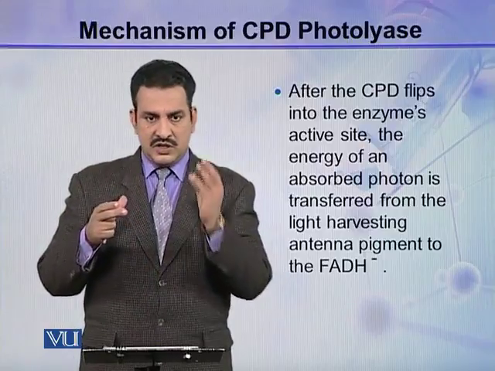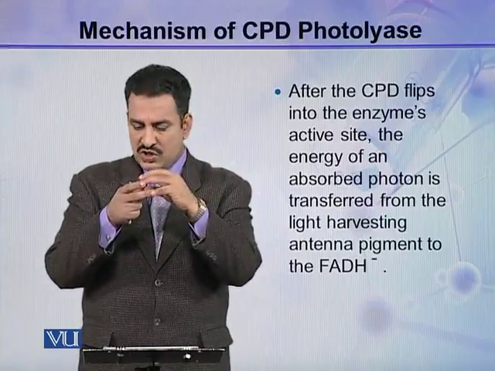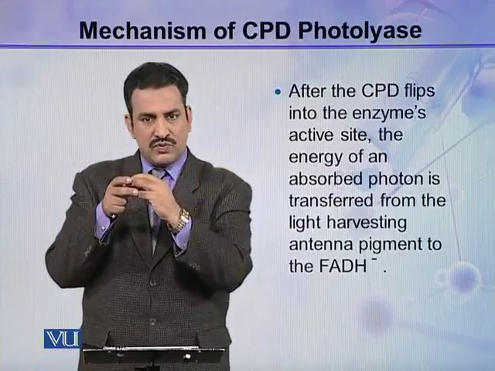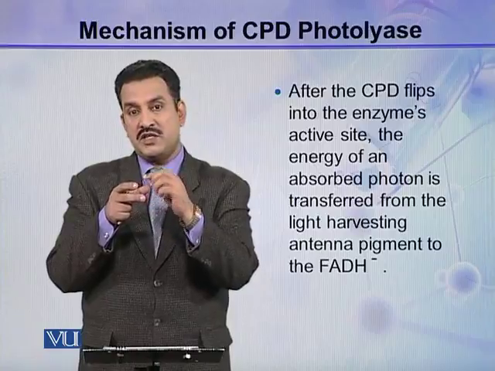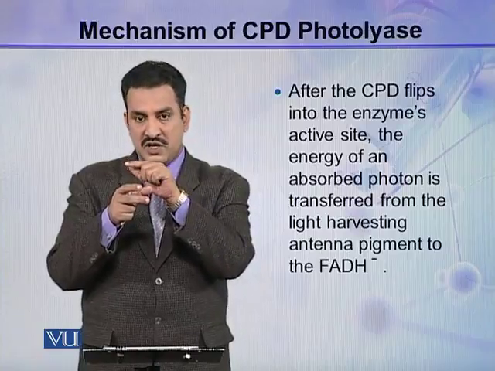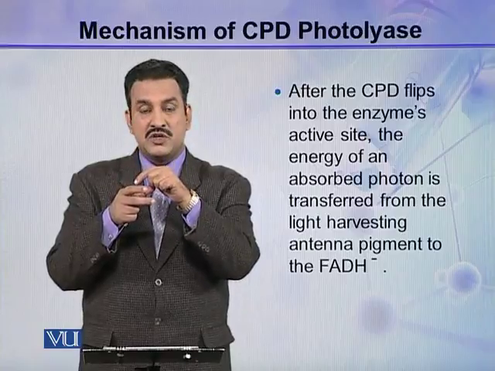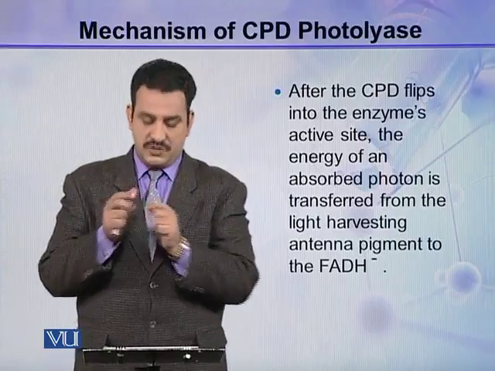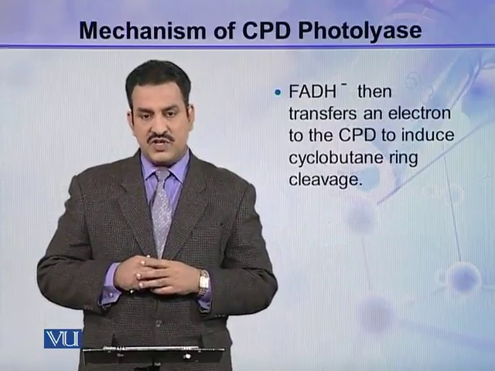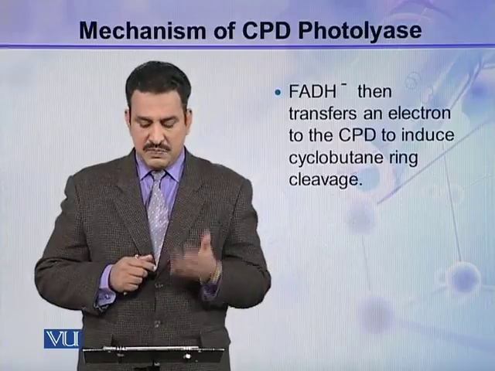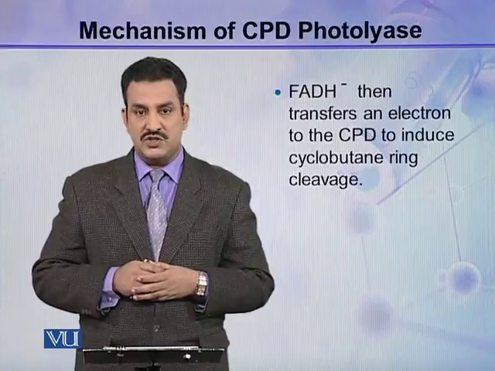So once this CPD dimer flips into the active site of the enzyme, the energy absorbed by the photoantenna pigment is transferred to FADH, which is present in the active site. FADH then transfers an electron to the CPD to induce cyclobutane ring cleavage.